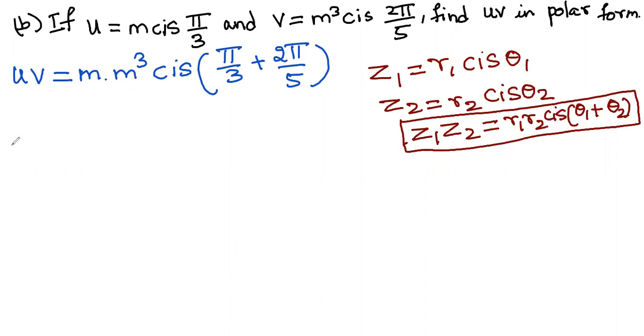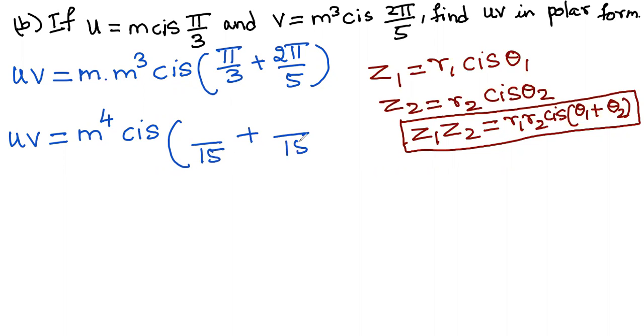So uv is equal to m times m cubed, which is going to be m to the power of 4 from the index rule. And then we have cis of pi by 3 plus 2 pi by 5. If you take the LCM, the lowest common multiple of 3 and 5 is 15, and this also is going to be 15.